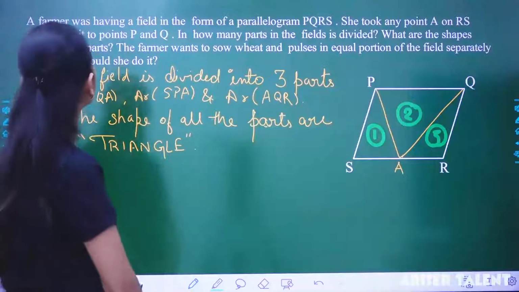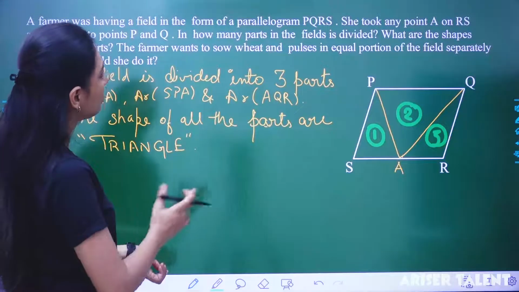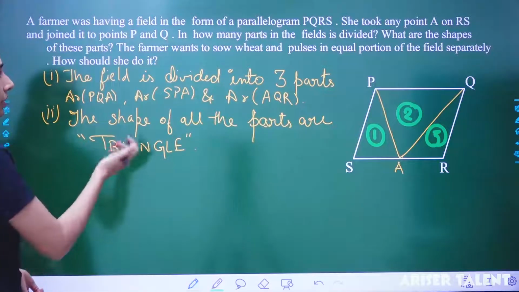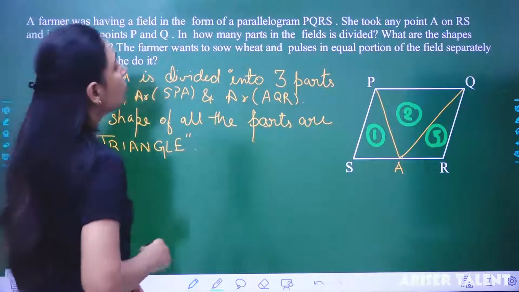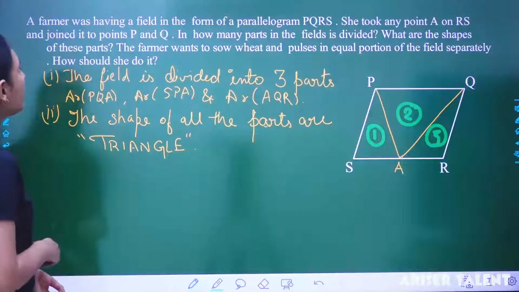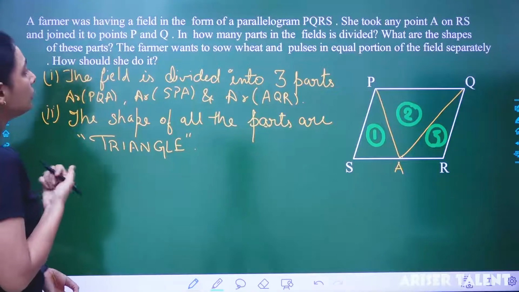Okay, now what are the shapes of these parts? We have done that. The farmer wants to sow wheat and pulses in equal portions of the field separately. How should she do it?